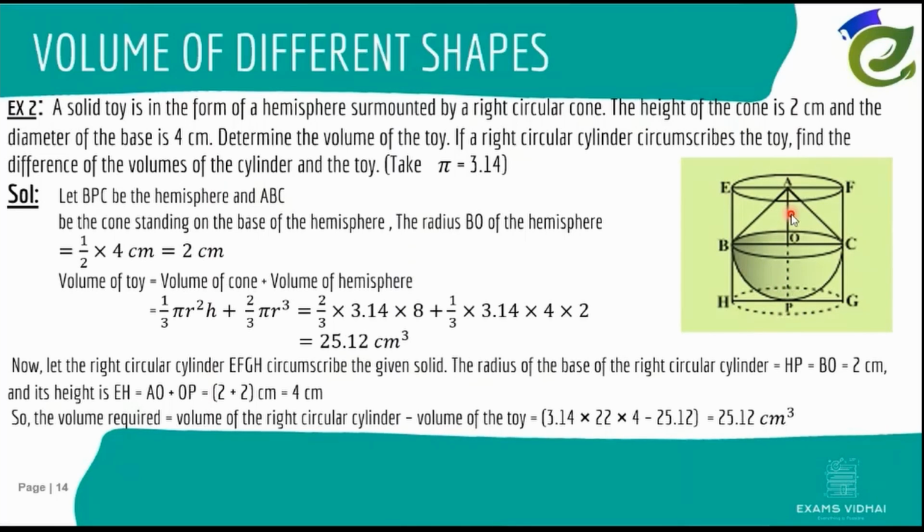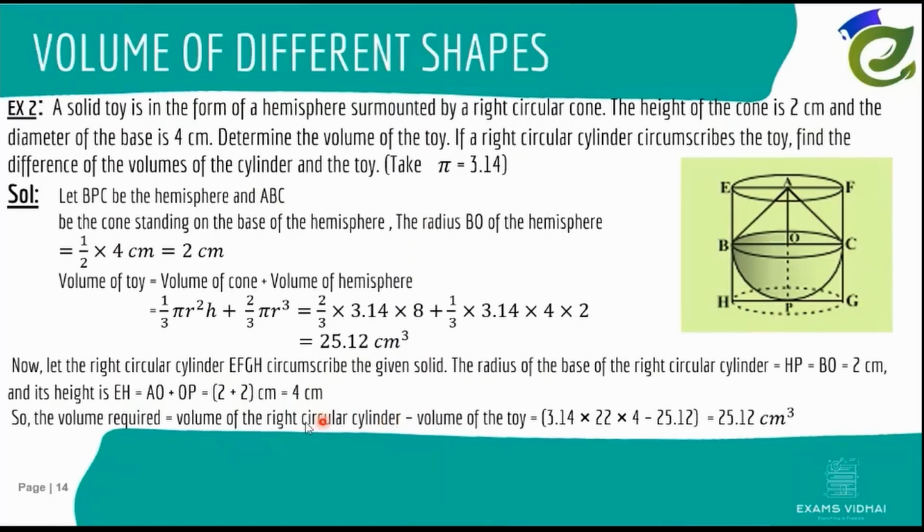We know that the height of the cone is given as 2 centimeter, and we know the radius of the hemisphere is 2 centimeter. We know that the radius is the distance from the center to any point on the curved surface. So OP is also the radius, so OP is 2 centimeter. So the total height of the cylinder becomes OA plus OP, that is 2 plus 2, that is 4 centimeter.